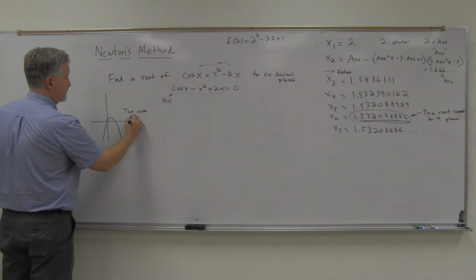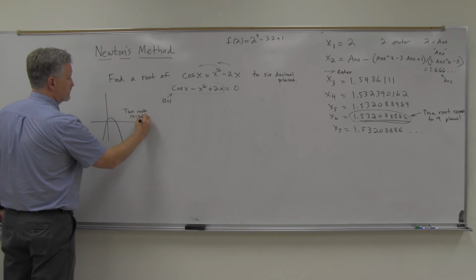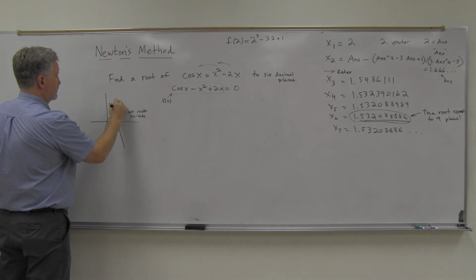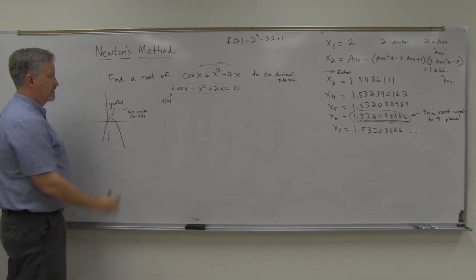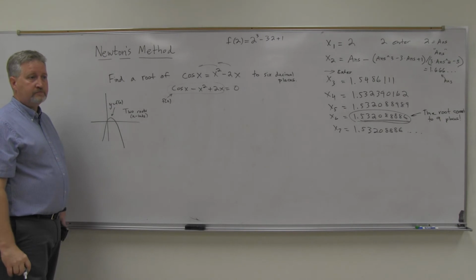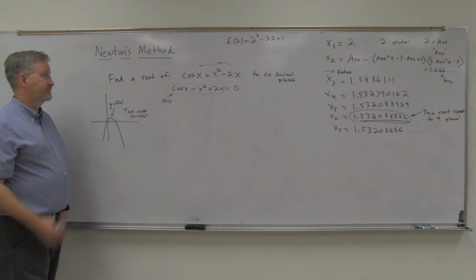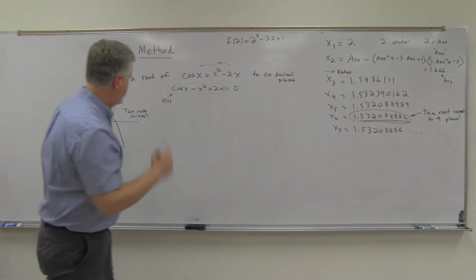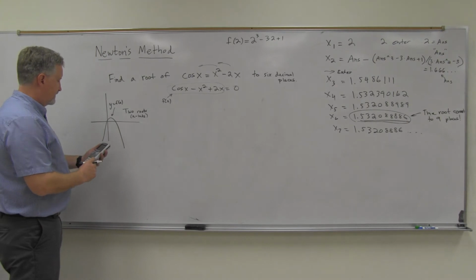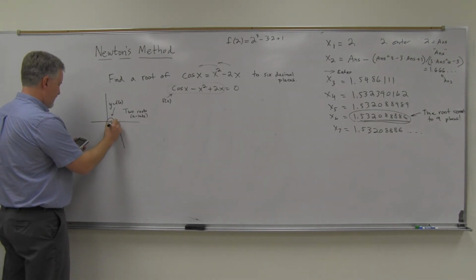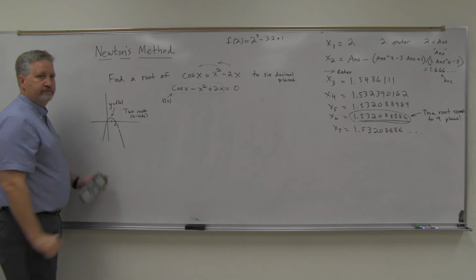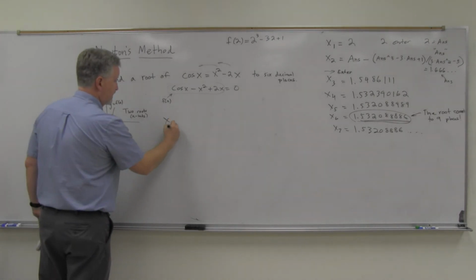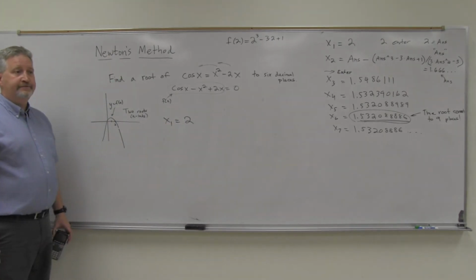That's the x-intercepts. Because this is the graph of that, right? So there's two roots I can find here. They'll probably want you to find both, but we'll just find one. You just do one at a time, of course. So let's just find this first one, the one on the far right here, looks like it's at about 2. So that's going to be my x1. That's my first guess. x1 equals 2.